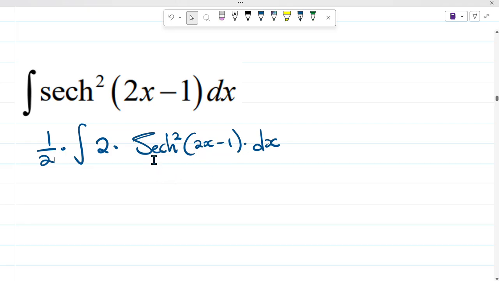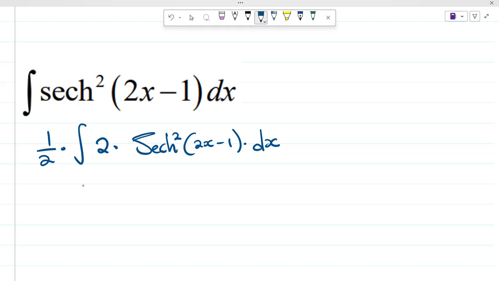Then we ask ourselves, what was differentiated for us to get positive hyperbolic sec squared? When you ask yourself that question, you'll realize that it's the hyperbolic tan that was differentiated for me to get hyperbolic sec squared.